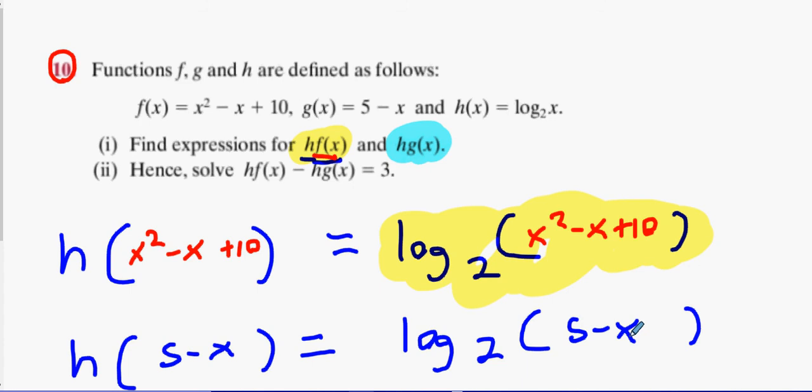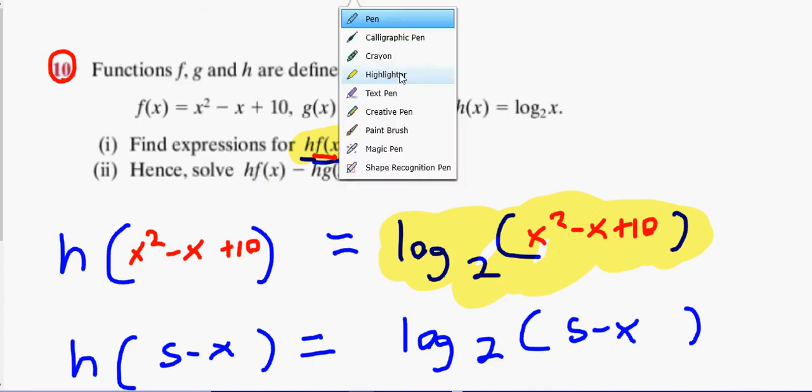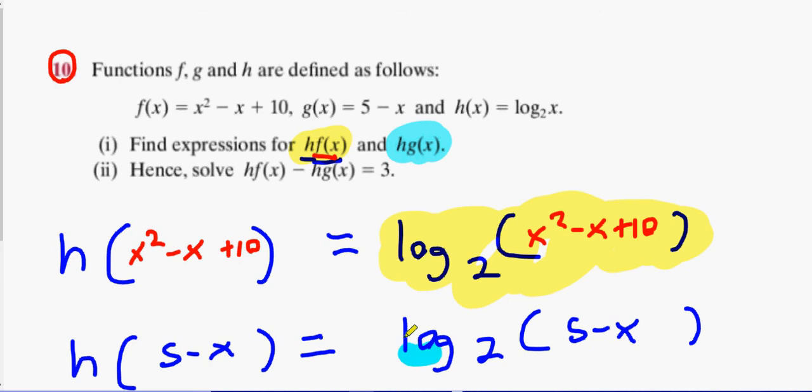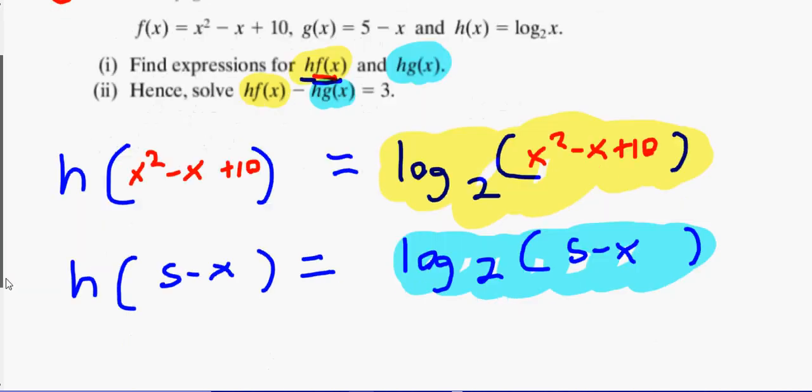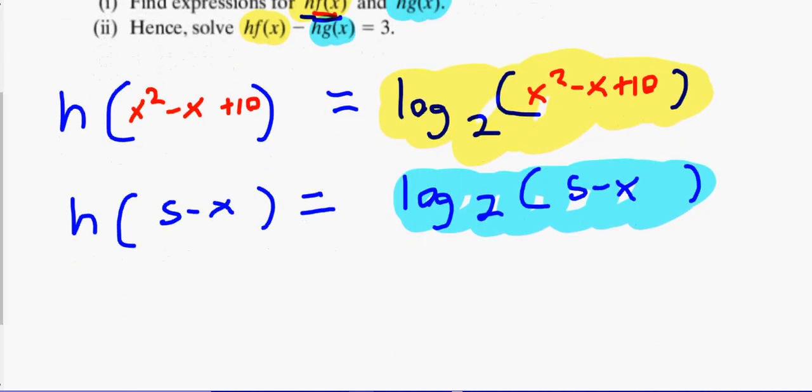Next thing, solve the yellow answer, take away the blue answer, equals 3.